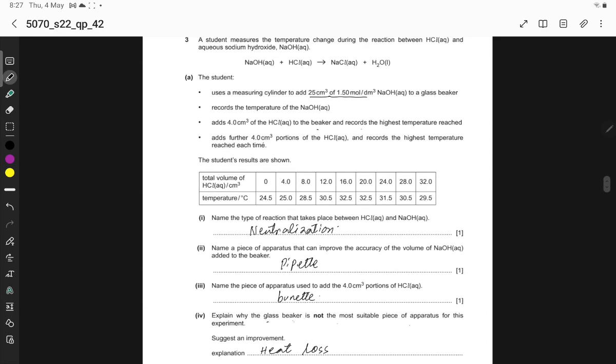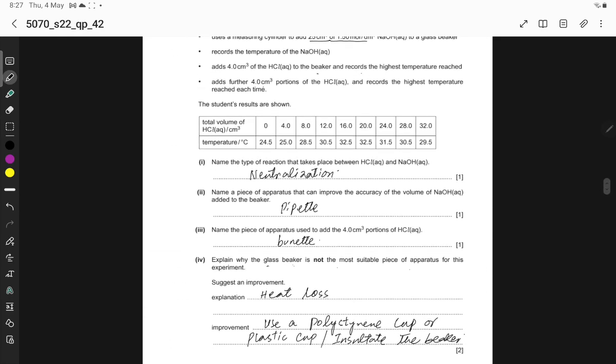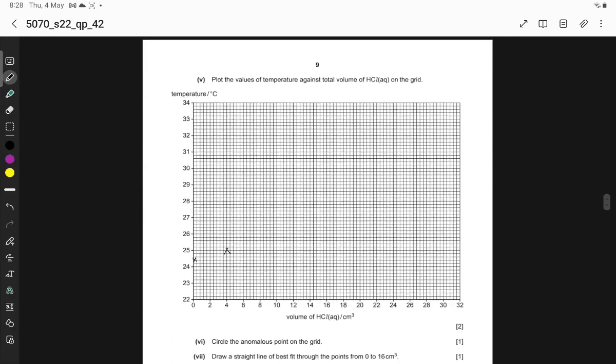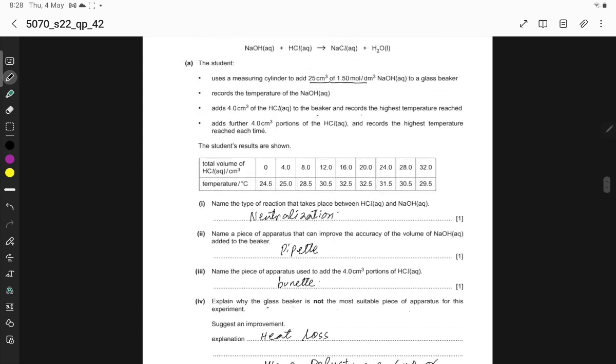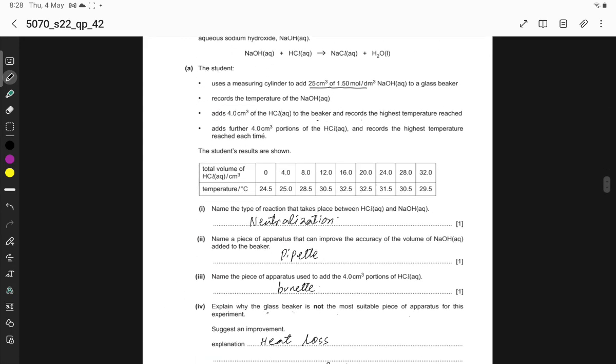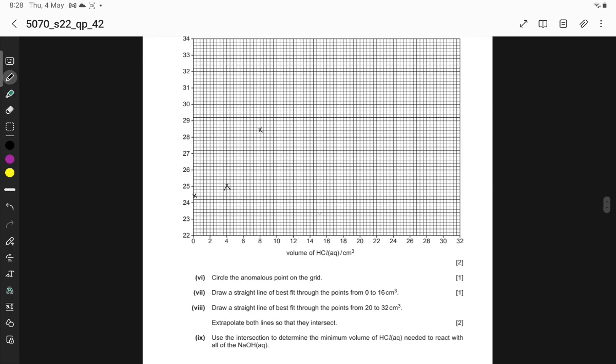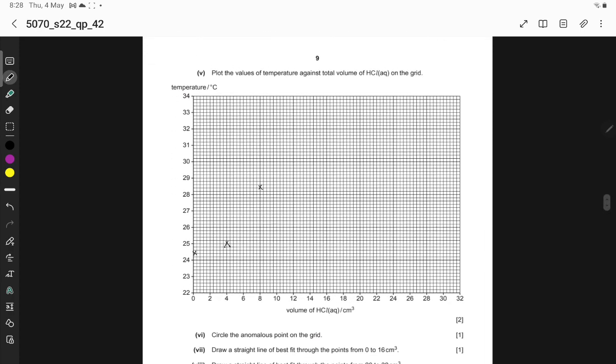The next value is 28.5 at 8. This is the next value, and at 12, 30.5.